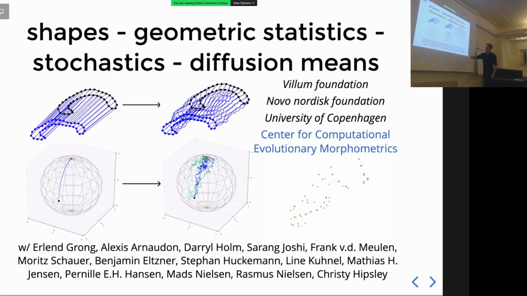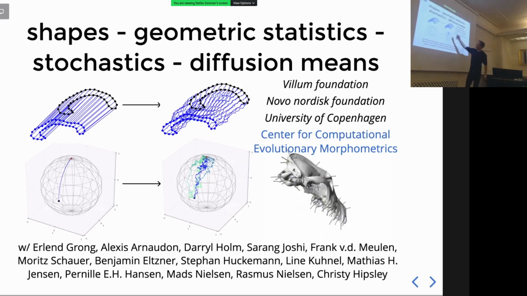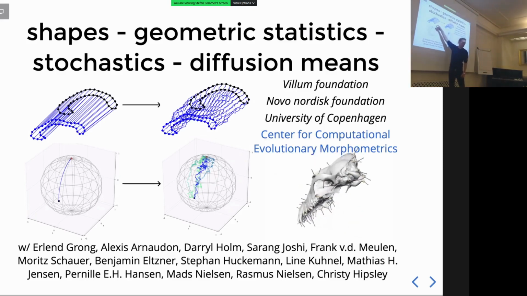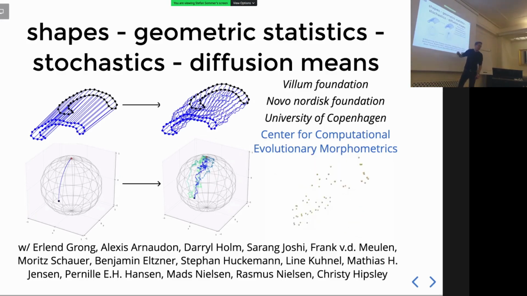And then if you do the same trick as you do here, measuring distances with shortest curves, then you get the difference between these two shapes by a smooth trajectory between them. But now taking the probabilistic view, we go from a smooth trajectory to something which is stochastic. So that's where I want to start. And what you'll see is a collection of material from different papers and with different collaborators.